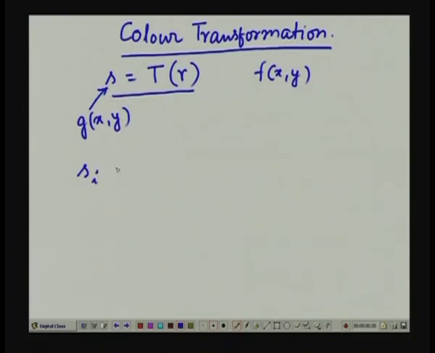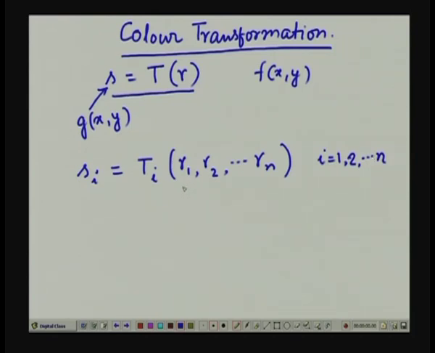Correspondingly, we can extend the transformation in case of color as s i equal to some transformation function T i of r 1, r 2 up to r n, for i equal to 1, 2 up to n.